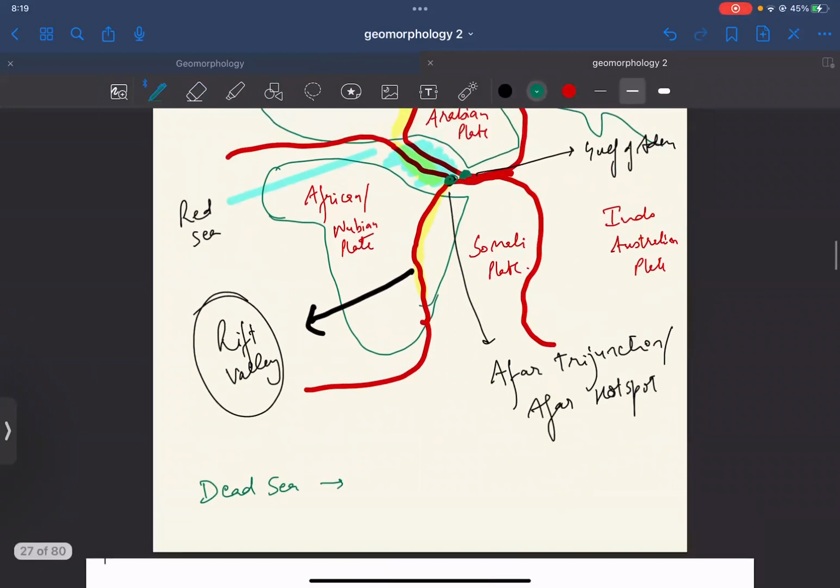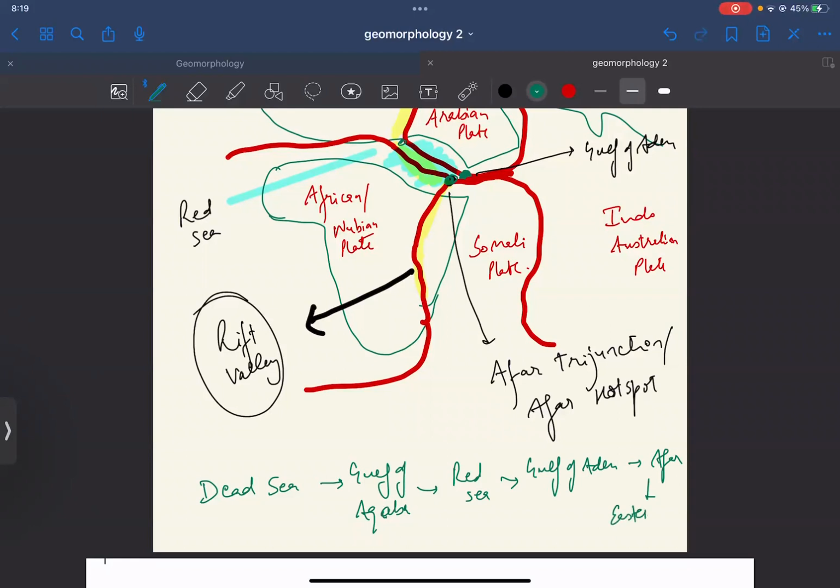Then there is the Gulf of Aqaba over here. Then it is moving along the Red Sea region. Then it moves from the Red Sea to the Gulf of Aden. Then the Afar Junction and towards Eastern Africa. So this is how the Rift Valley is extending.